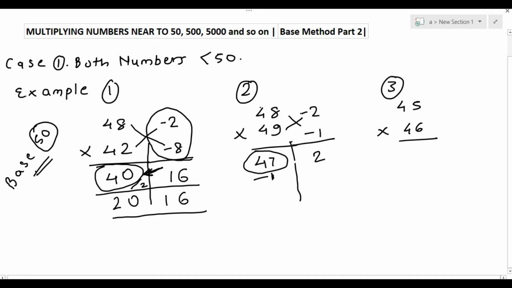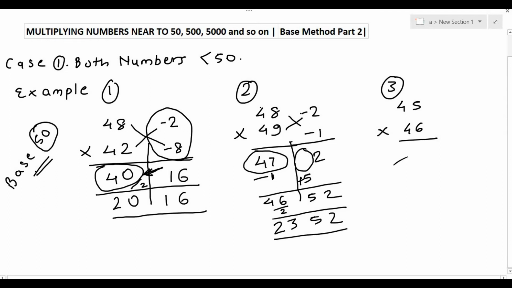And here in this place we have to add 5, I'm sorry, we have to add 5. So here we get 46, and then we do the same thing, we divide this by 2, we get 23, 52.